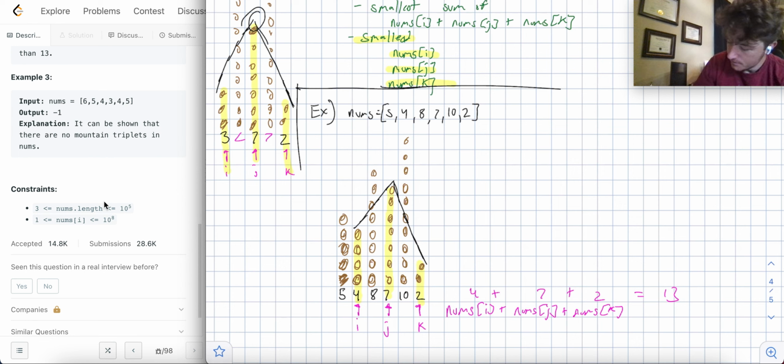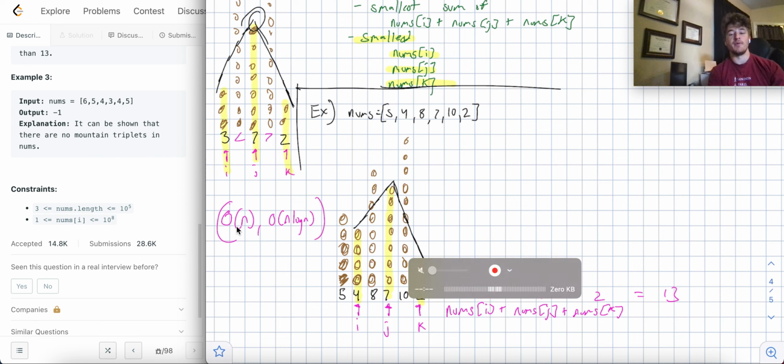somewhere in the realm of O of n to O of n log n. I'm just making up notation on the spot here, so I apologize. Right now, it's not saying that this is the optimal solution. But something within this range from O of n to O of n log n will meet the 10 to the 5 condition.